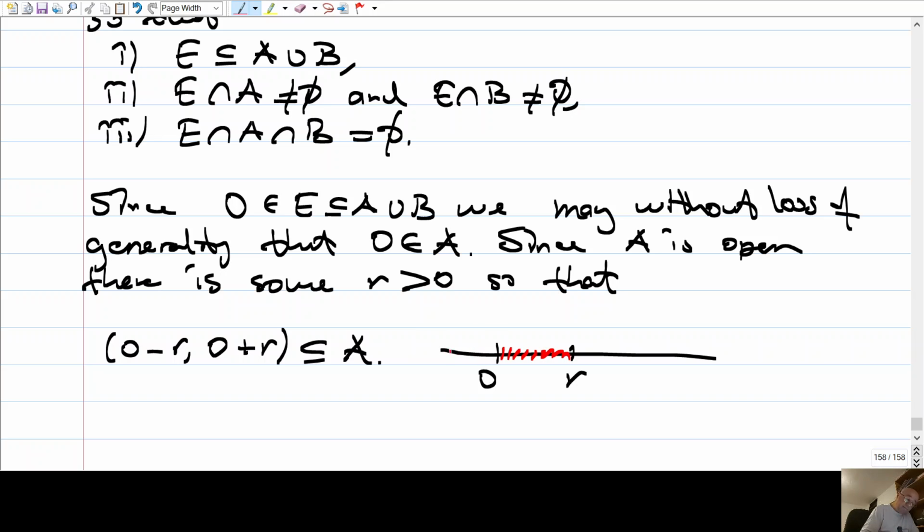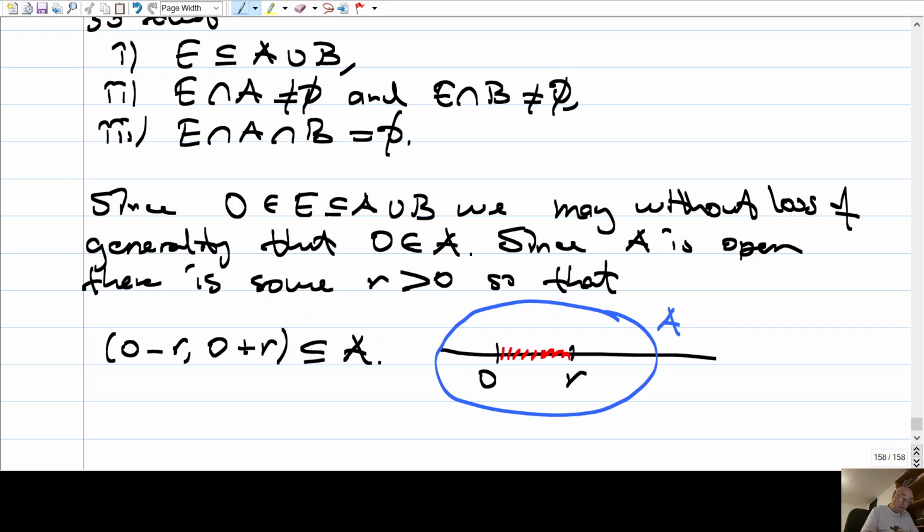Of course I have the minus R part also, but I don't care about that part, so maybe I use a different color. So A should contain this.